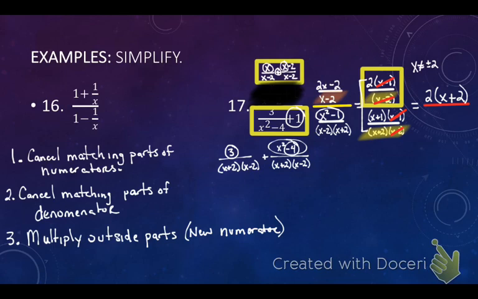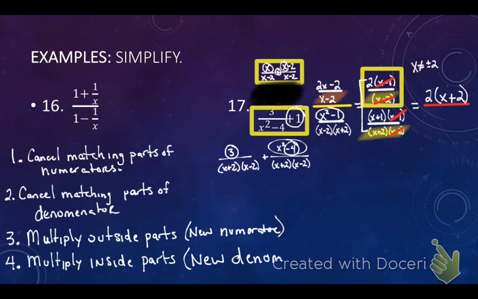Multiply the inside parts, right? Now, whenever I say multiply the inside parts, so then I have the new denominator. So what's left on the inside? Just the x plus 1.